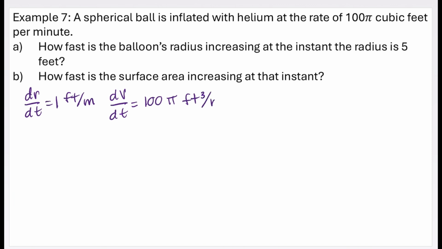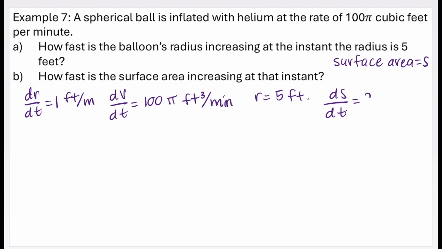I don't think I'll need that in this one though. And the radius is 5 feet. And we're trying to figure out the surface area, which I'm going to call S instead of SA for surface area. So ds over dt will be what we're looking for.